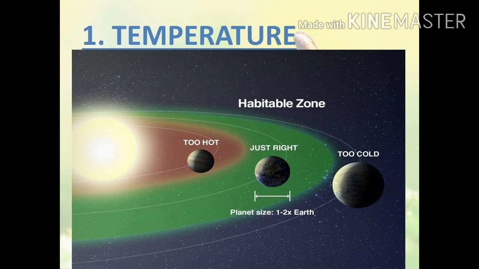Temperature. How important is the temperature in the planet? Low temperature causes chemicals to react slowly, which interferes with the reactions necessary for life. Life seems to be limited to a temperature range of -15 degrees Celsius to 115 degrees Celsius.